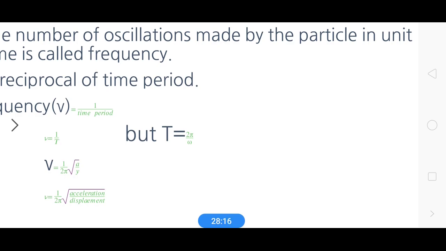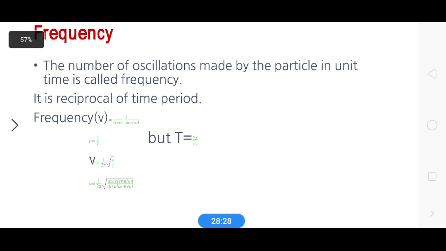We got mu is equal to 1 by 2 pi under root of a by y, that is 1 by 2 pi under root of acceleration by displacement. So this is the frequency of the particle executing SHM.